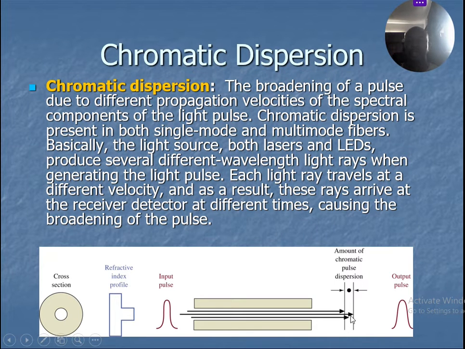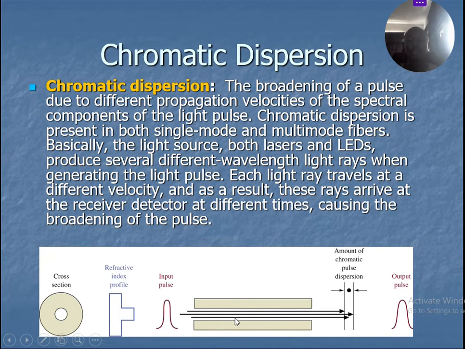The end of the first and the end of the last one creates the width of the pulse. So comparing with the first input pulse, you see the output pulse is wider. This is caused by the refractive index, or the propagation velocities.